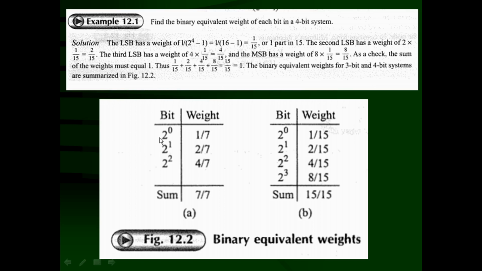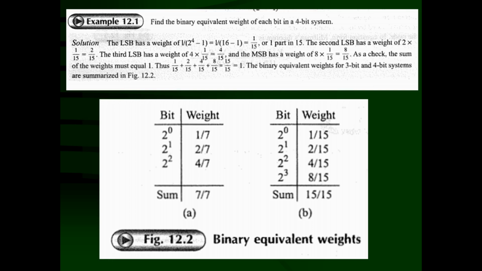So this is your figure 12.2. This is the 3-bit system and this is the 4-bit system. In a 3-bit system, from 000 to 111, there are 7 discrete steps. The position weight of the LSB is 1 upon 7, because 1 upon 2 raised to 3 minus 1, that is 1 upon 8 minus 1, that is 1 upon 7.